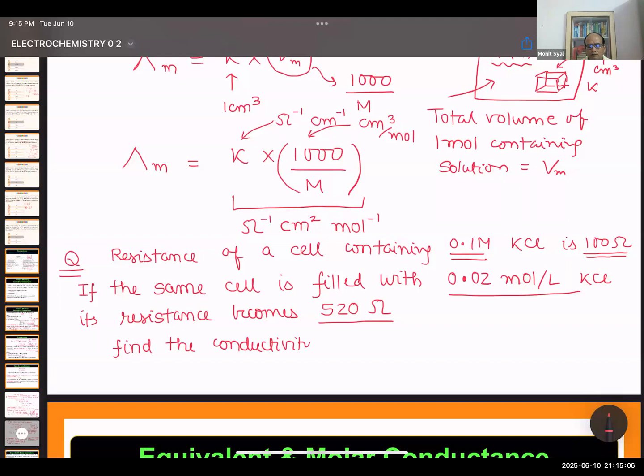Conductivity, or specific conductance, I am writing from my own side, or kappa. You have to find the conductivity, specific conductance or kappa of this solution.